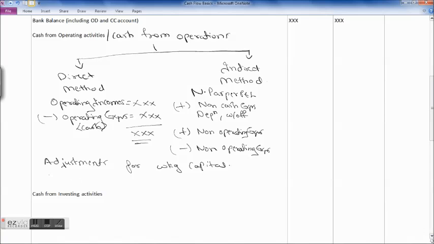The simple rule is: if there is an increase in the current asset, that is, if the closing balance at the end of the period is more than the opening balance, you have to reduce it. If there is a decrease in the current asset, you have to add it. For liabilities you have to do it vice versa.